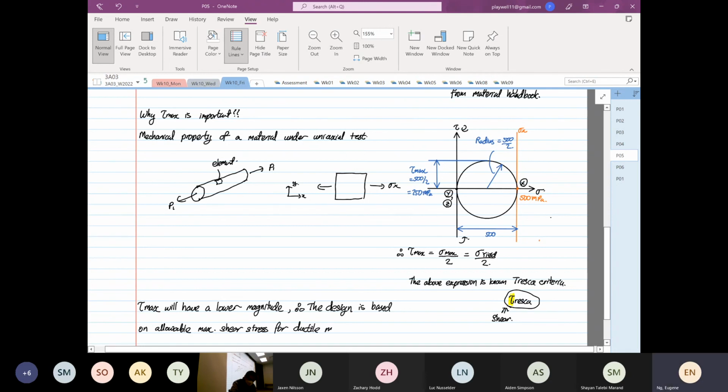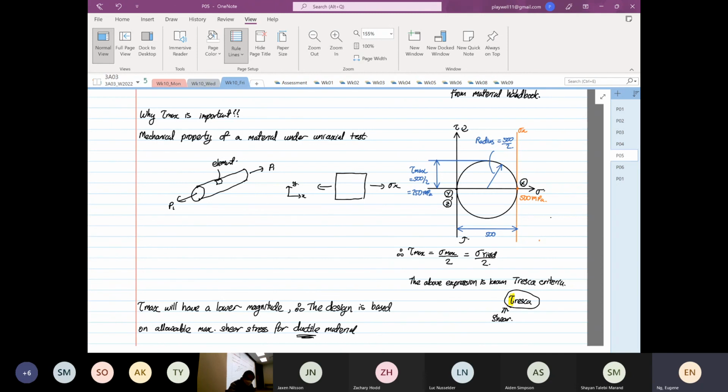I have to elaborate down here, this is only for ductile material. If it is brittle material like concrete or ceramic, this equation will not stand at all. It will only work for ductile material, but not for brittle material.